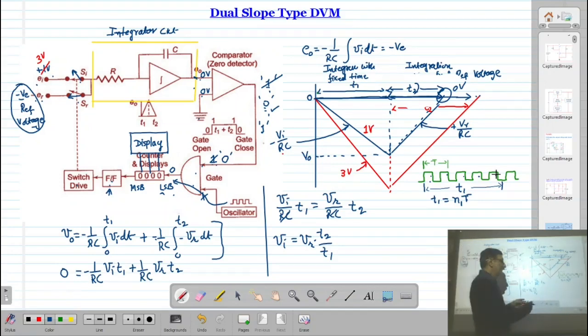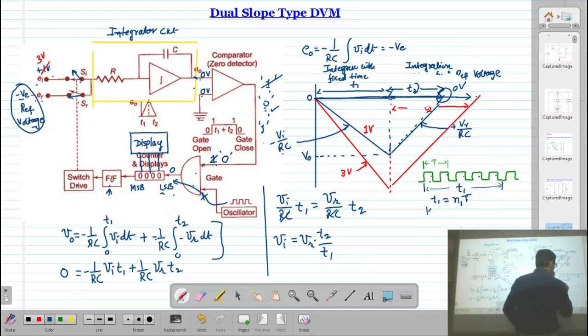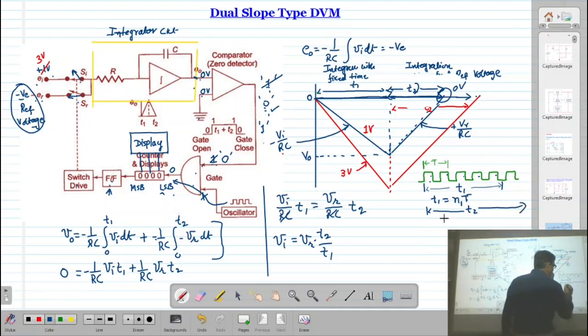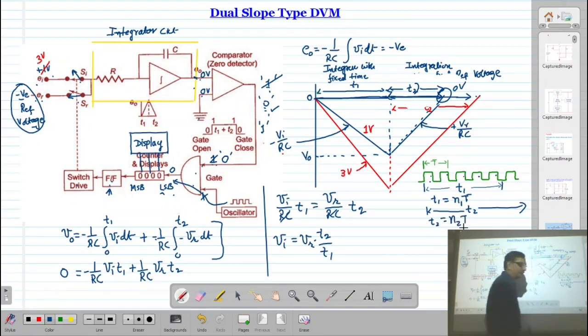Same way, if this is measured for the time period of T2, then T2 will be equal to N2 into T. So we are writing this time period in terms of the number of clock pulses.